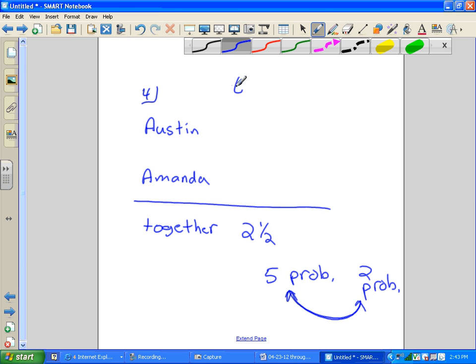So on our time, which is going to really confuse it here because now we're switching from rate to time, this means Austin is going to take 2.5 times longer. So for Austin, we're going to say 2.5x, and then Amanda would be x.